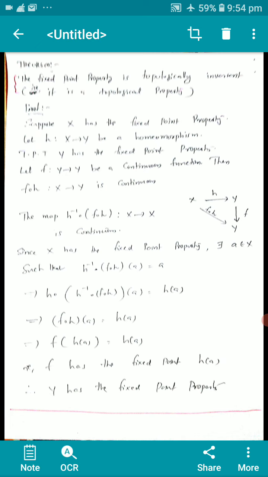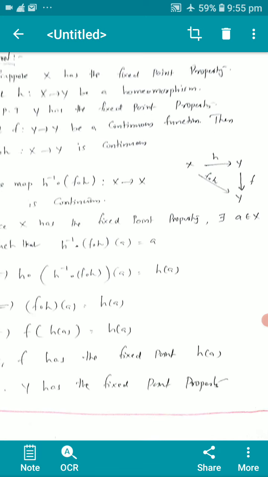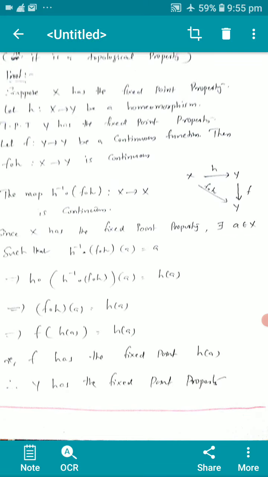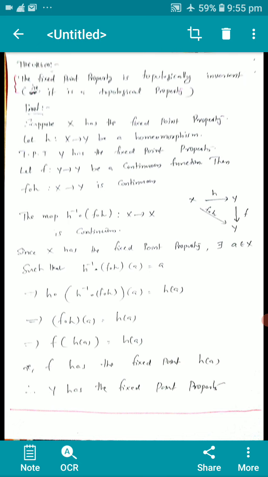Or f composite h of a is h of a, or f of h of a is h of a. That shows that f has the fixed point, and the fixed point is h of a. That is, f of h of a is h of a, or h of a is the fixed point. That shows that capital Y has the fixed point property.